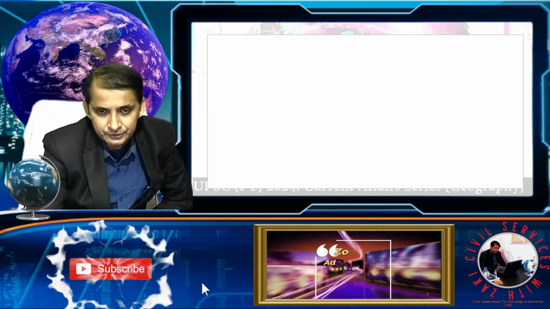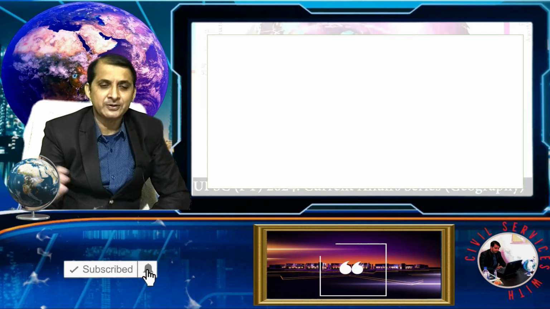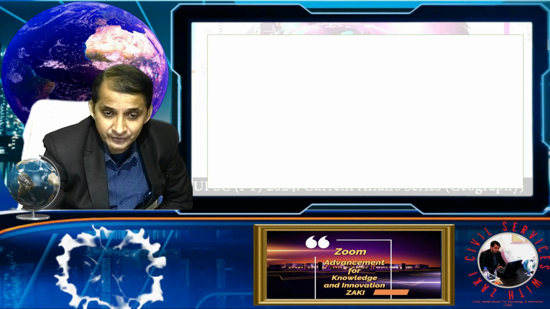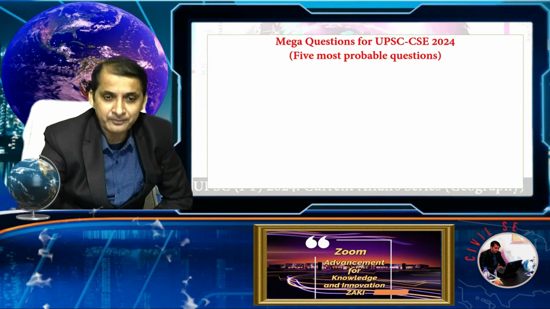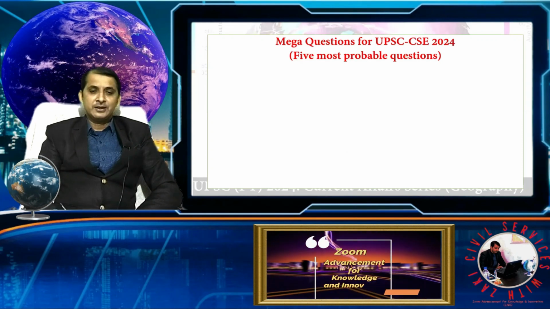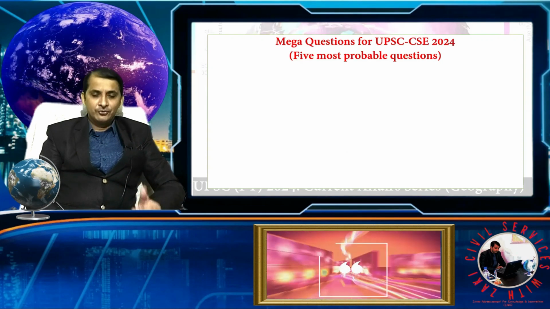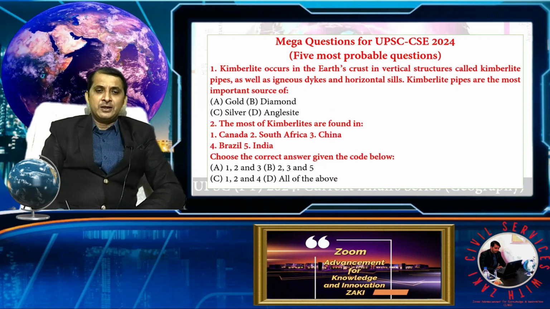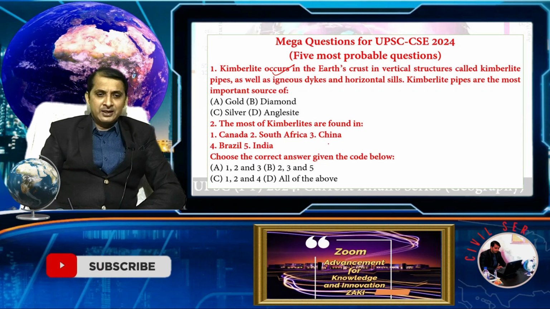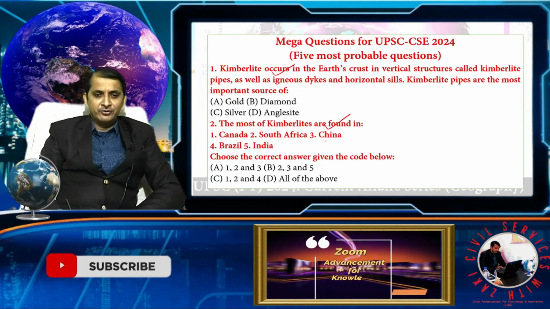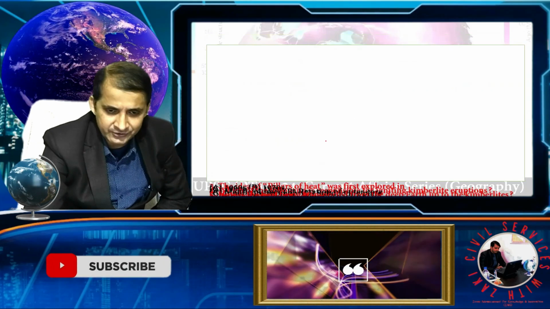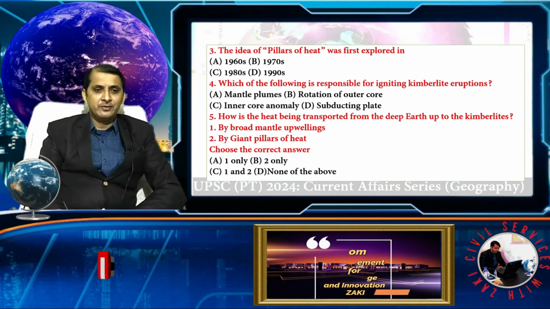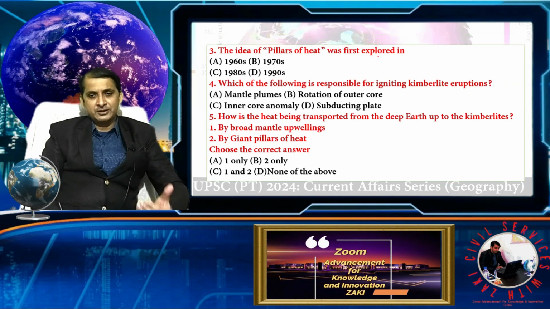So after all this discussion, we will provide you the mega questions for the civil services 2024. See these questions. One is regarding the Kimberlite, and another is in which type of country the Kimberlite is found. The third is in which decade the pillar of heat was first explored.